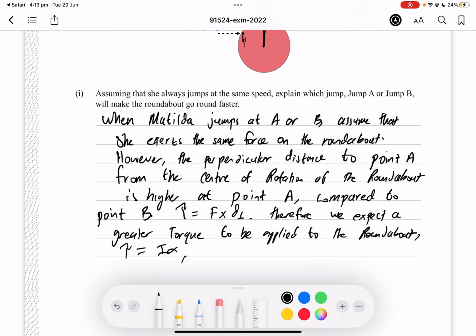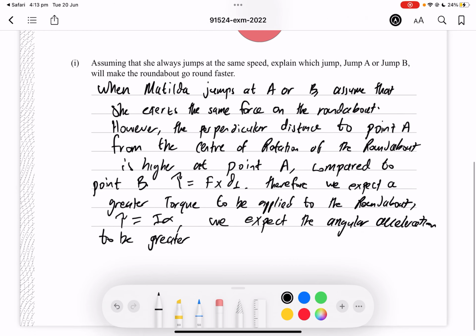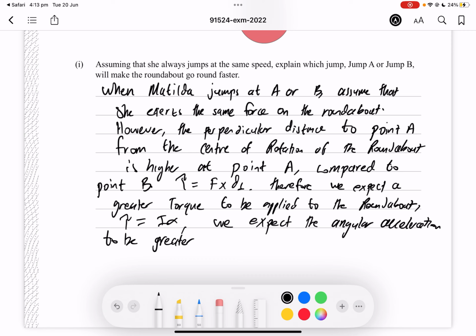So in this case, we expect the angular acceleration to be greater. Therefore, maybe we should say torque is proportional to angular acceleration. Therefore, we expect the roundabout to reach a greater speed for the system.